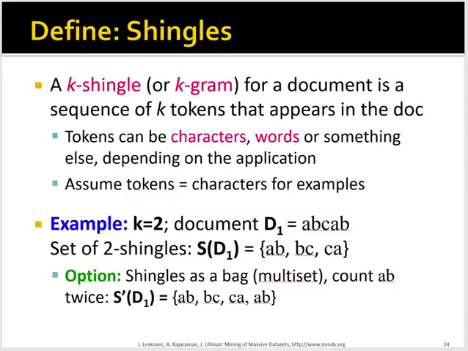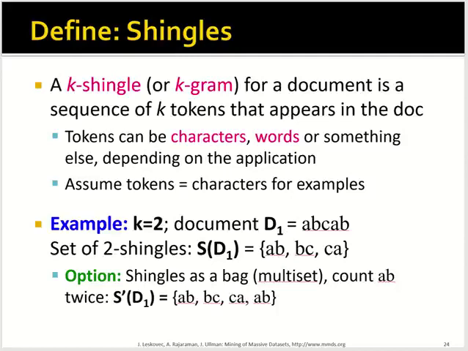This example gives us an illustration of k equals 2. Actually, we know that k should be more than 2. The 2 is used for simple illustration purposes. We can use k, for example, 5, 7, or 9 for longer text strings.